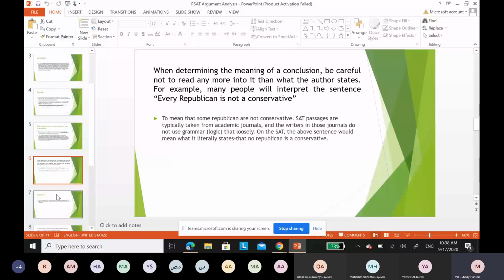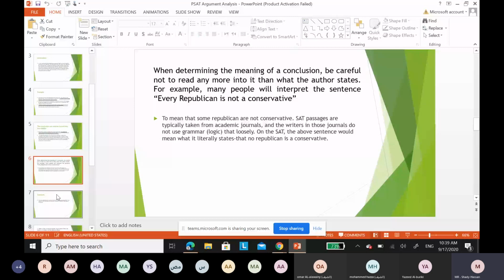When determining the meaning of a conclusion, when you intend to understand the meaning of the conclusion, be careful not to read any more into it than what the author states. Don't get something from your mind. Stick to the writer's or the author's point of view.